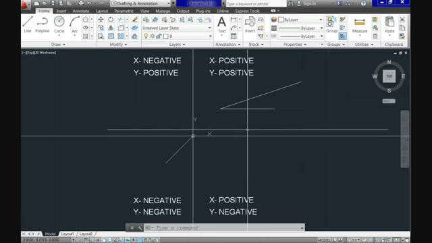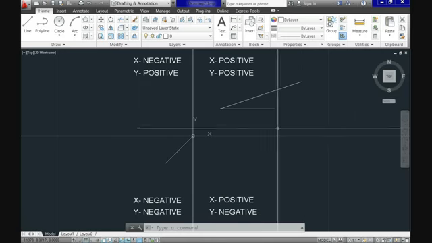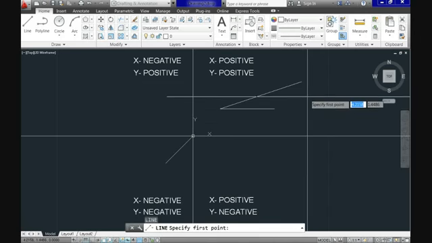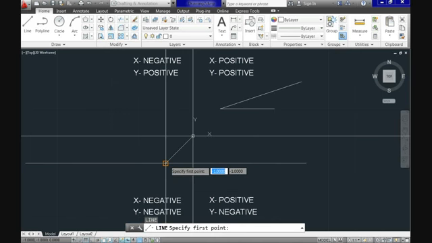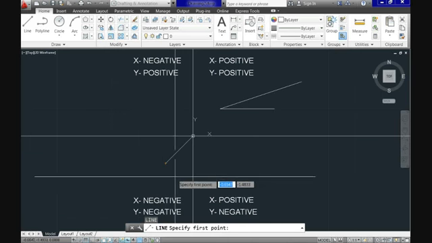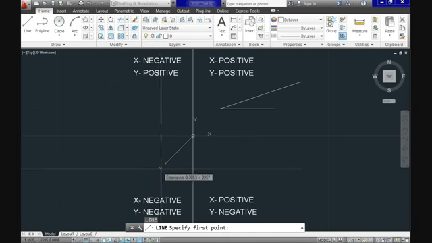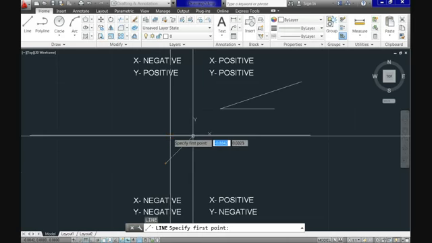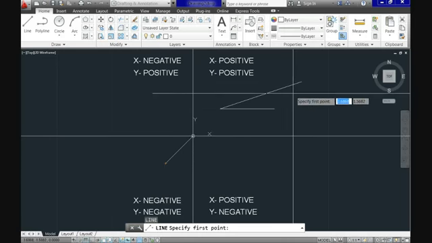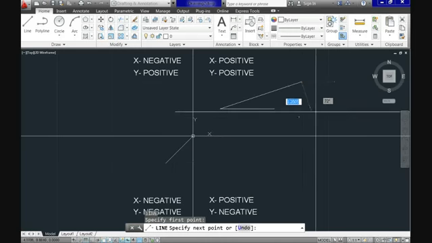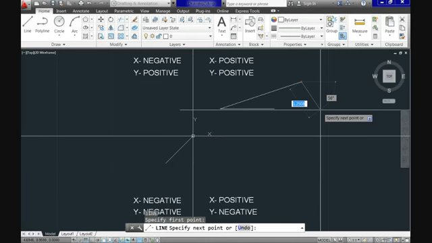Let's see now. This point that I'm pointing at is negative 1, negative 1. How could I get there? If I'm going to use the absolute coordinate entry, I use the number symbol and then negative 1, negative 1, and when you hit enter, you see that it snaps automatically to that point.